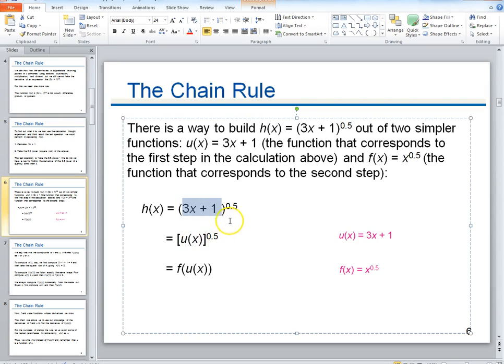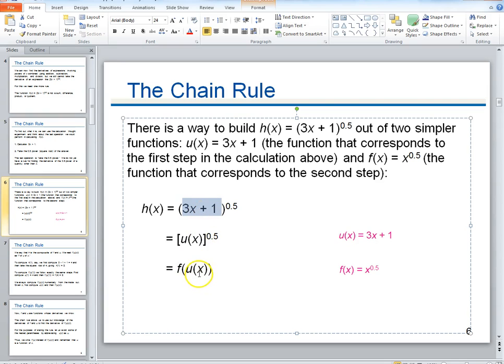Then there's another part, which is raising something to the half power. So I took u, or u of x if you want to write it fully, and raised it to the 0.5 power. There's a function raising stuff to the 0.5 power, and there's another function which is 3 times something plus 1.